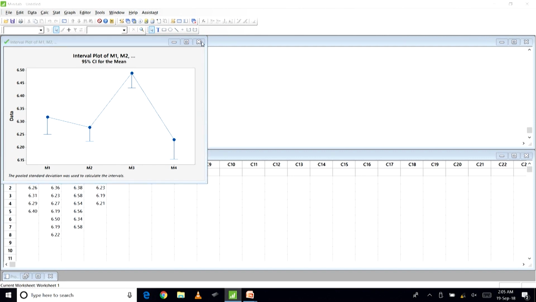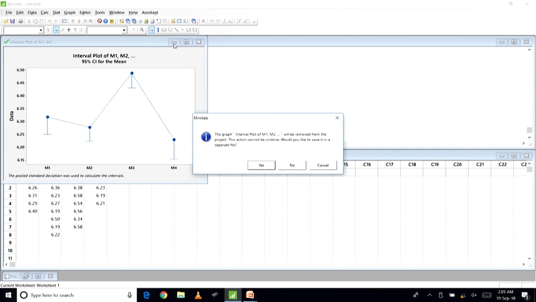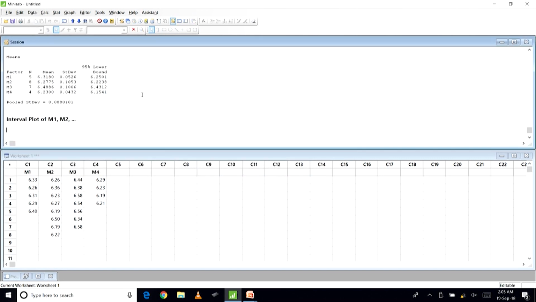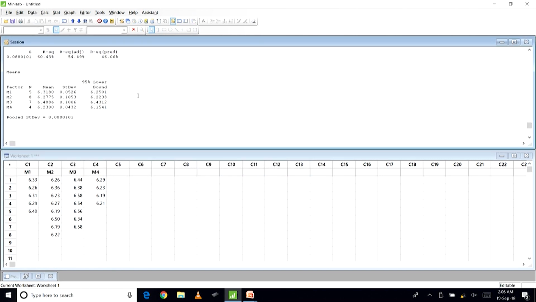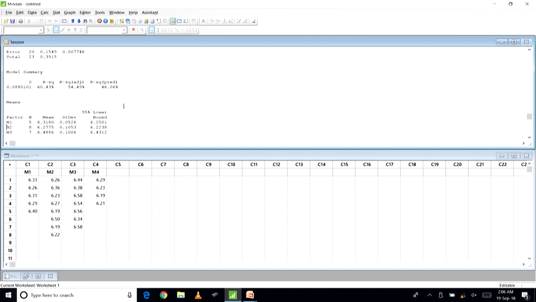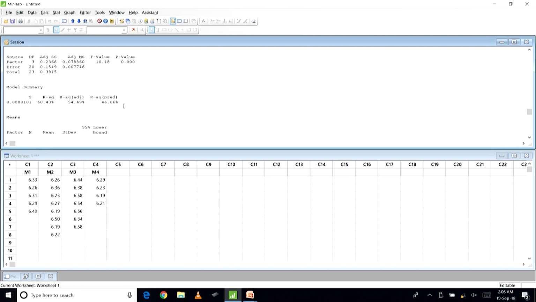So, let us look at, we just minimize this. We will look at the p value in this. So, this is our ANOVA table, right.